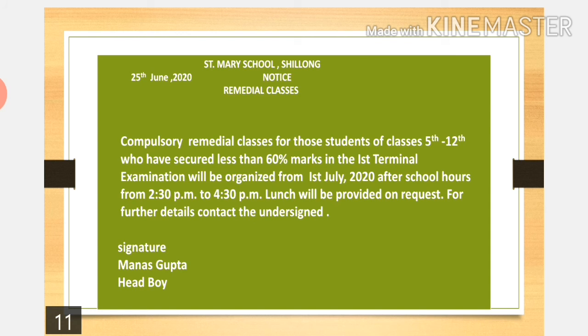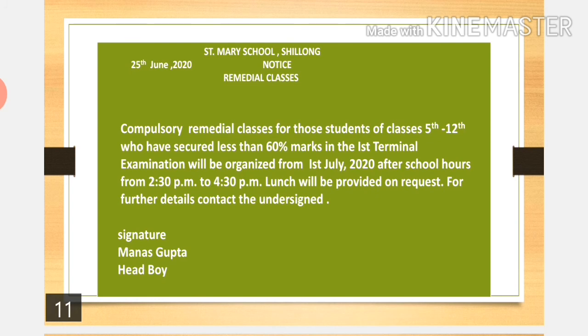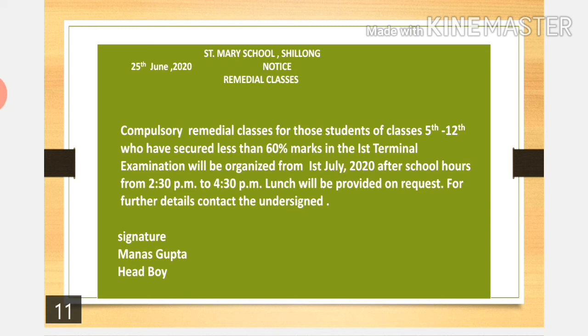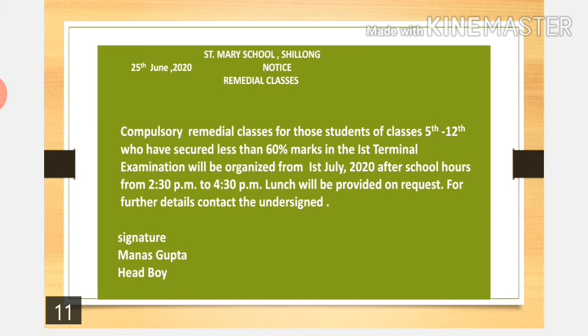Now, this particular notice comes on a school notice board, and it contains all the relevant details. The notice says what the topic is about. It is about remedial classes. Next, what is the target group? The target group is the students of classes 5th to 12th who have secured less than 60% marks in the first terminal examination.